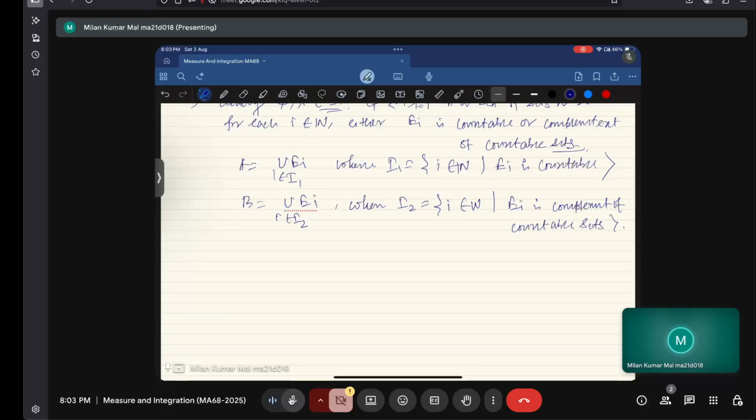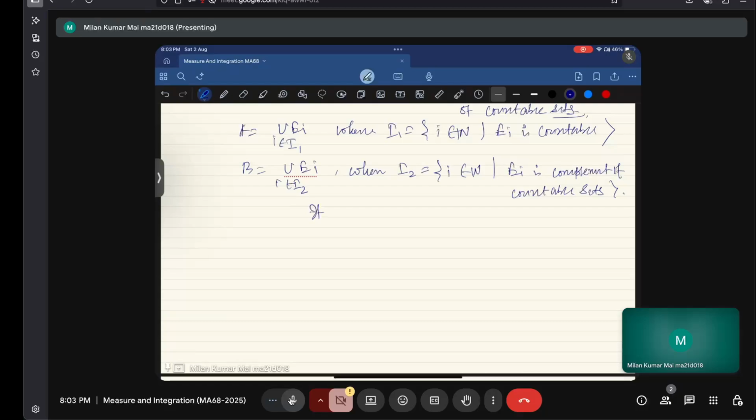Sorry, that is not possible. If E_i is in S, then either it is countable or its complement is countable.